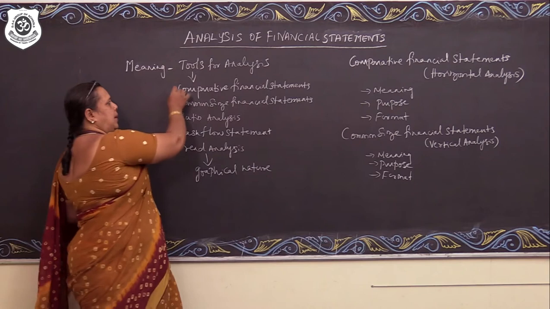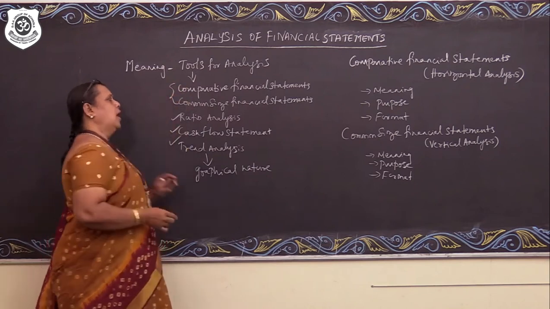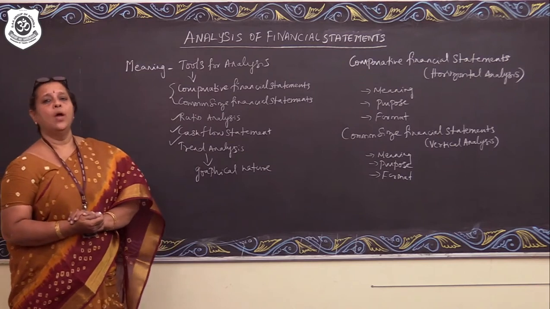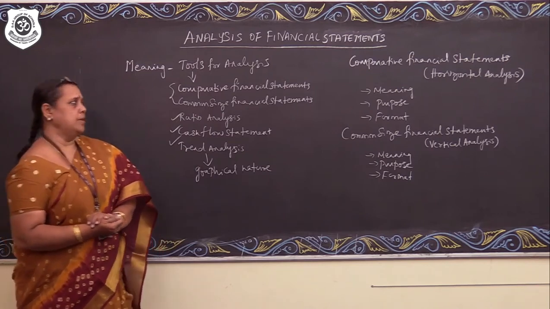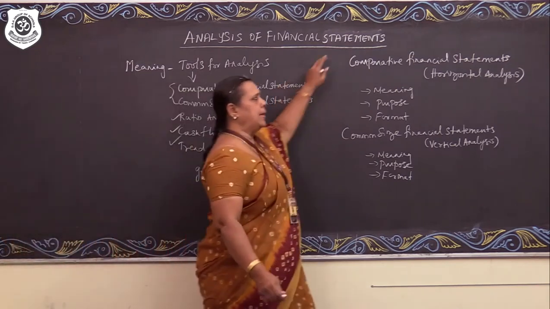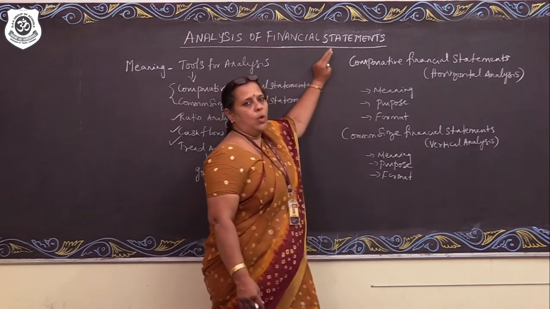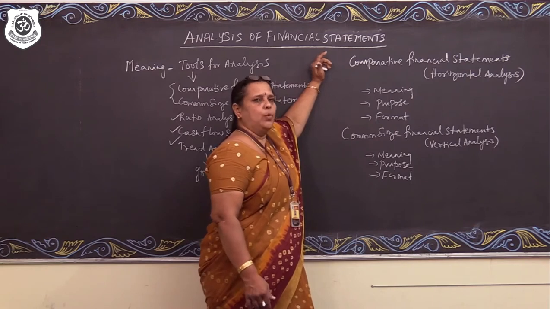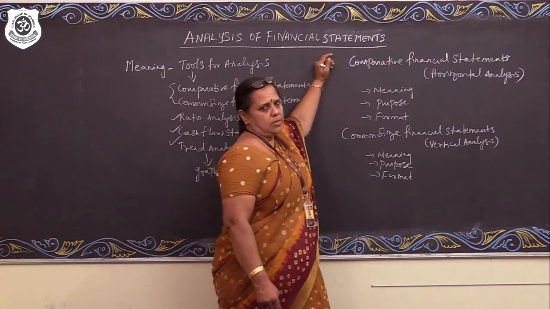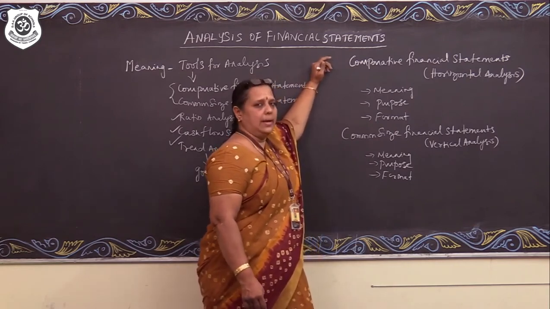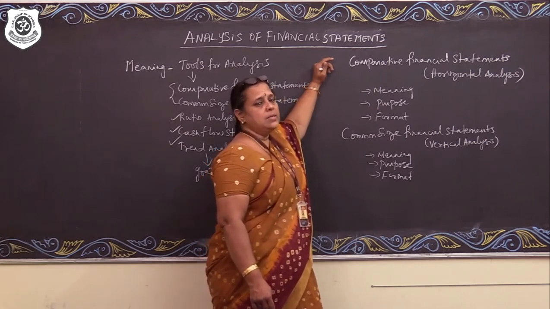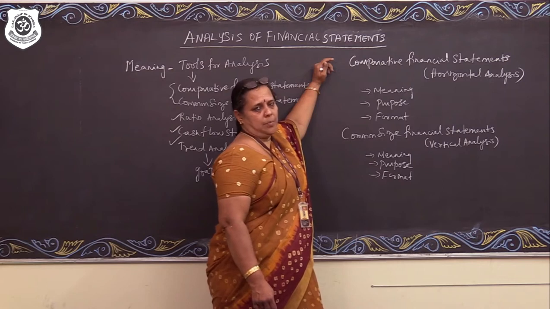Now, let us complete our learning by knowing about comparative financial statements and common size financial statements. What do you mean by comparative financial statements? When the results of an organization are compared with its own results of the past, or with a similar industry, for a particular period of time, it is called a comparative financial statement.